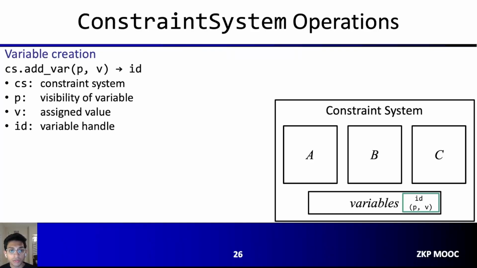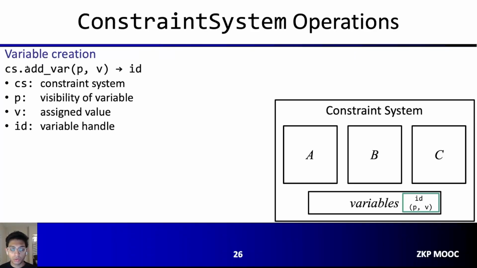It also takes the visibility of the variable, whether it's public or private, and a value assigned to the variable in case you are doing proving. The result is a variable ID, which is an identifier or a handle on the variable, which can be used later on, for example, in linear combination creation as well as in constraint generation.